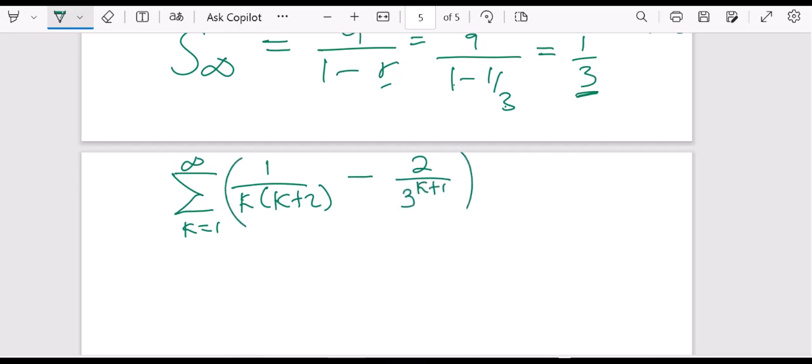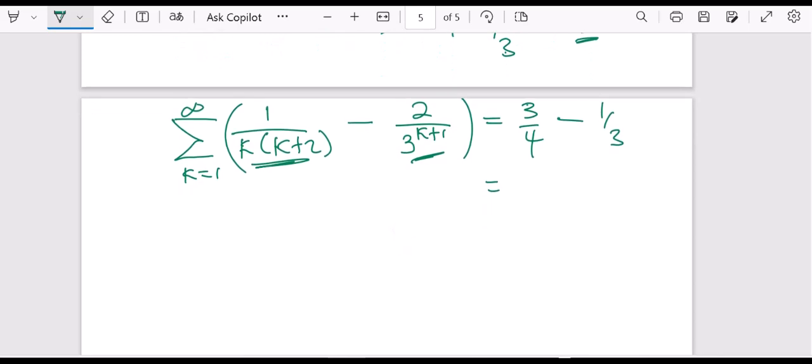We did these two, and this sum gave us 3 over 4, minus this sum gave us 1 over 3. So if we do the arithmetic well, this is over 12, we get 9 minus 4, and so finally we get 5 over 12. That's our answer.